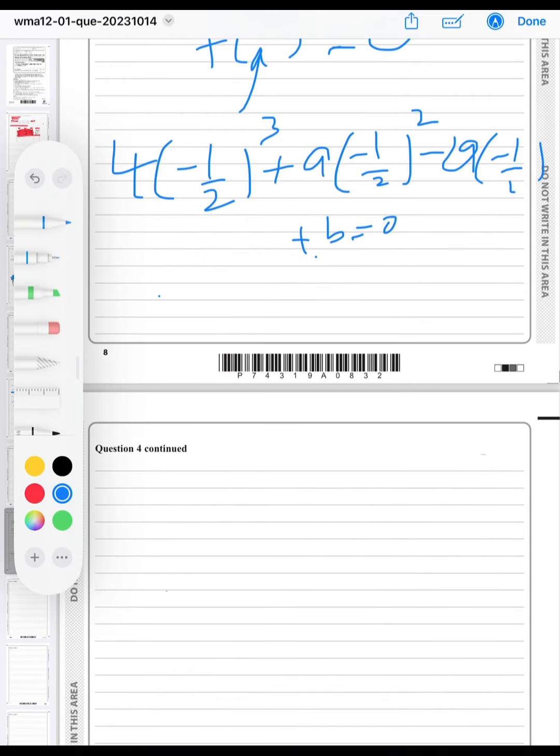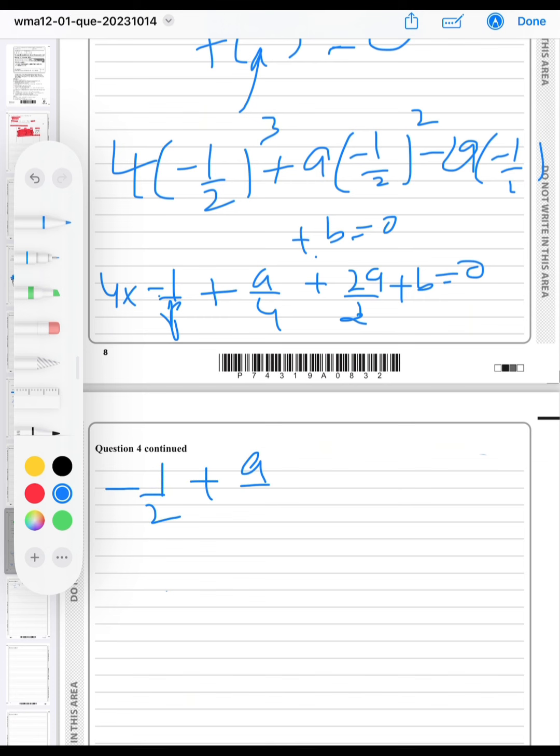Okay, so this will turn to 4 into minus 1 upon 8 plus a upon 4 plus 29 upon 2 plus b equals 0. So this will turn to minus 1 upon 2 plus a upon 4 plus 29 upon 2 plus b equals 0.